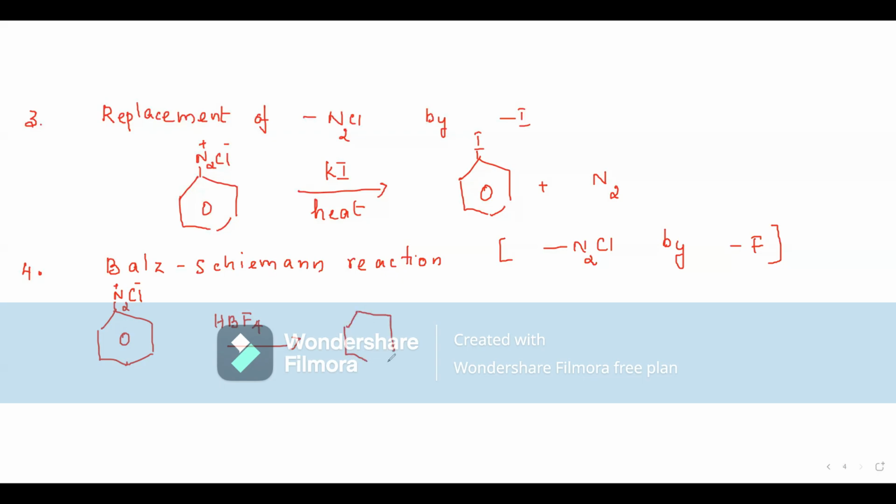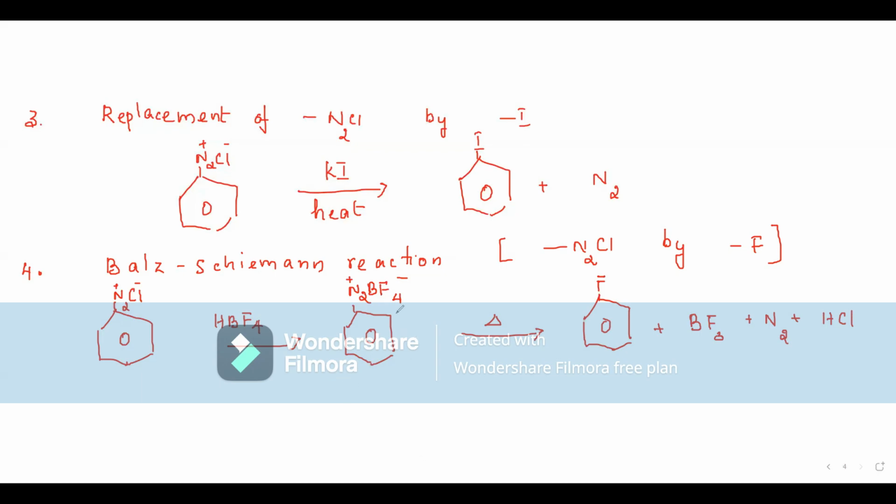A reaction intermediate is obtained where you will have your N2+ with BF4-. Now, on heating, this intermediate decomposes to give you fluorobenzene plus BF3, nitrogen, and HCl. So this is called the Balz-Schiemann reaction.